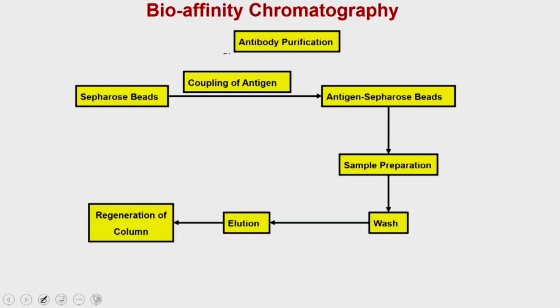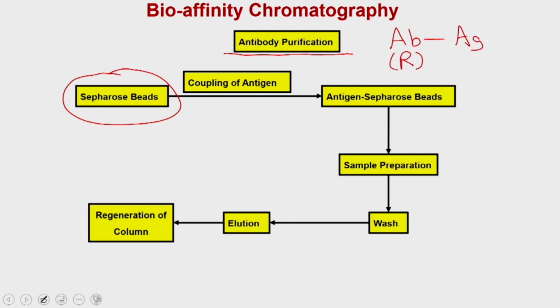In the purification of antibody you are going to have the Sepharose beads, and the first step is to prepare a column where your antigen is going to be coupled. As you know, every antibody has its cognate antigen, which means the antibody is going to work as a receptor, whereas the antigen is going to work as a ligand.